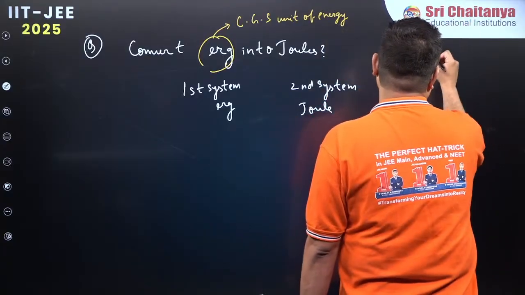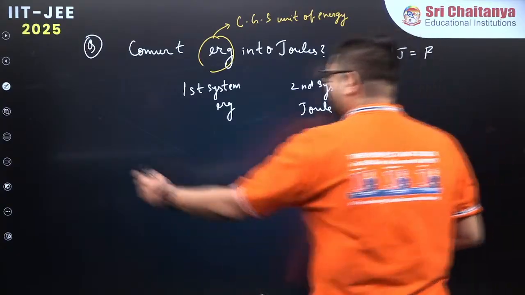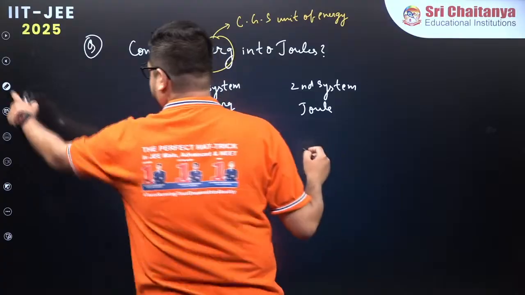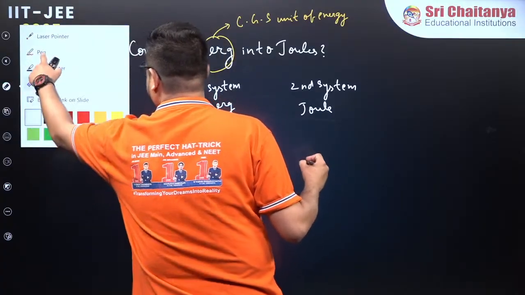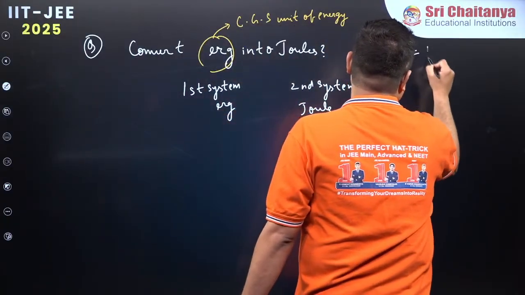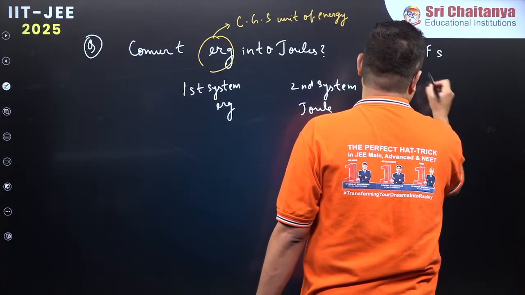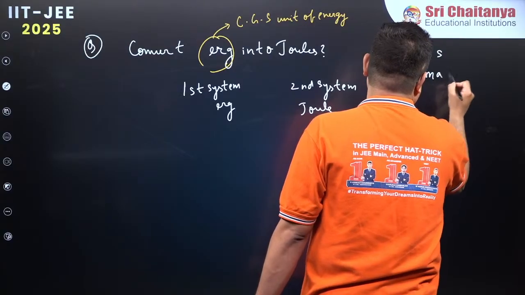So 1 joule is, you know that work done is force dot displacement, isn't it? With this formula itself we can derive it. Work done is force dot displacement, which is in joules, so you can say mass into acceleration into displacement.